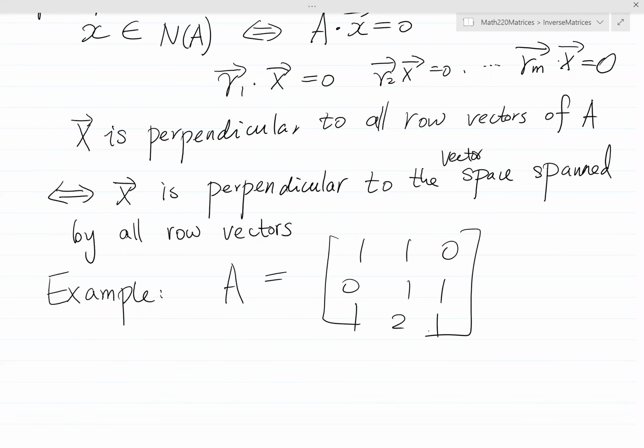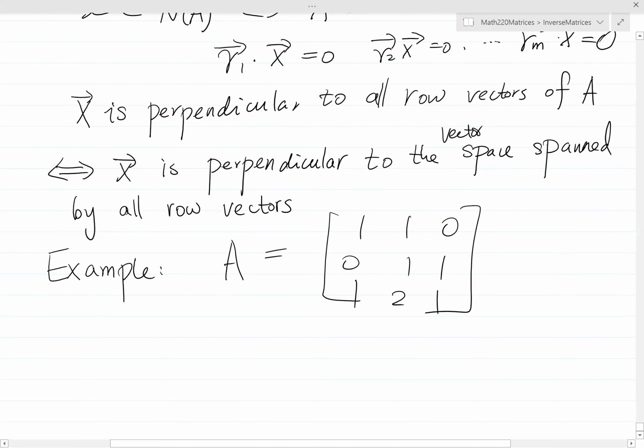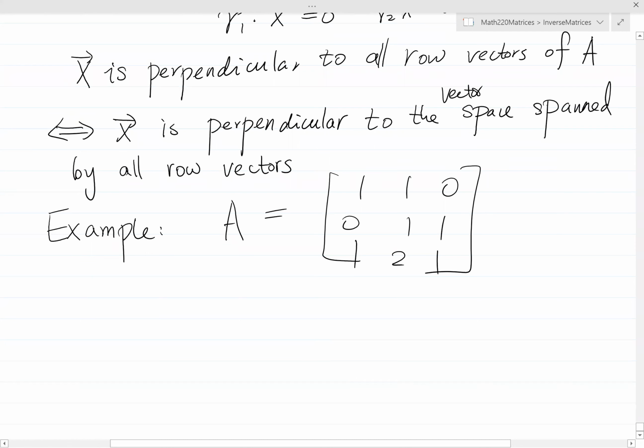We need to find the row vectors and the null space of the matrix A. Let's look at the row vectors. There are three row vectors: row 1, row 2, row 3.